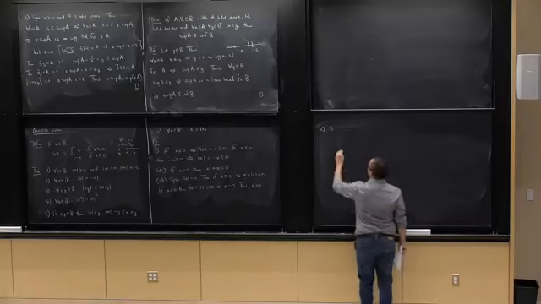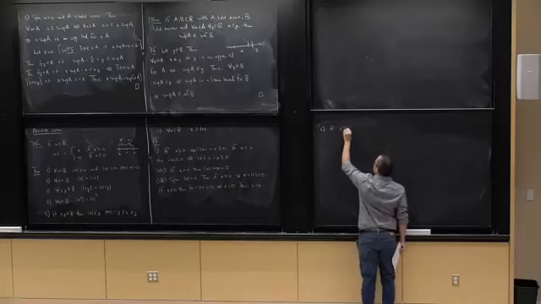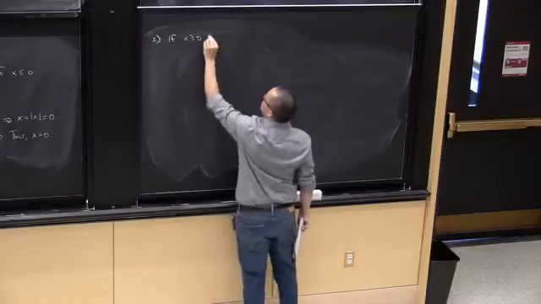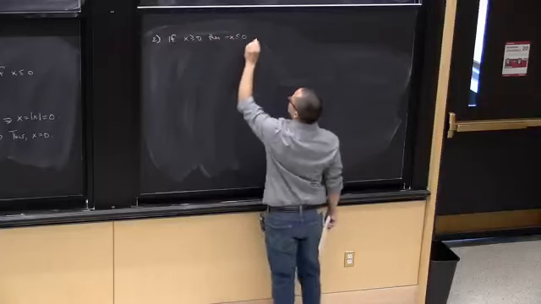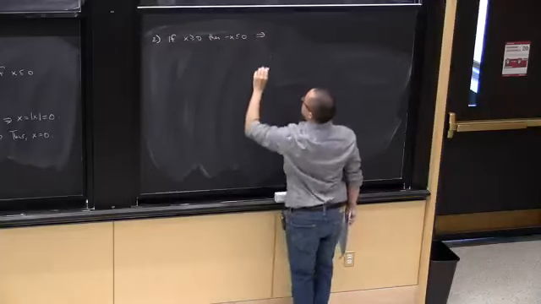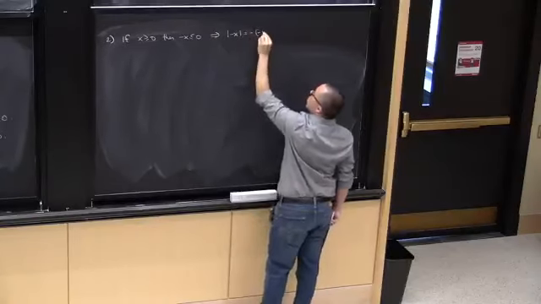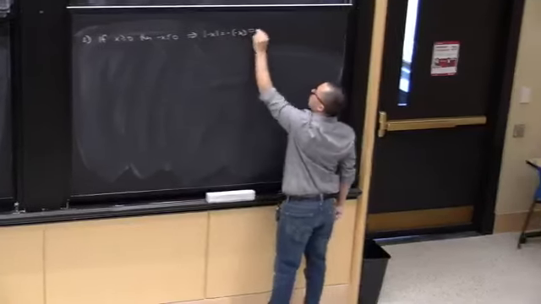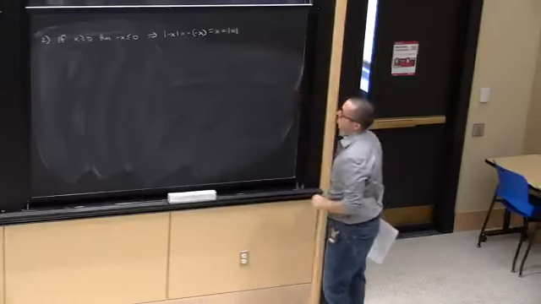So if x is bigger than or equal to 0, then minus x is less than or equal to 0, which implies that the absolute value of minus x equals minus x, which equals x, which equals the absolute value of x, since we're in the case that x is non-negative.